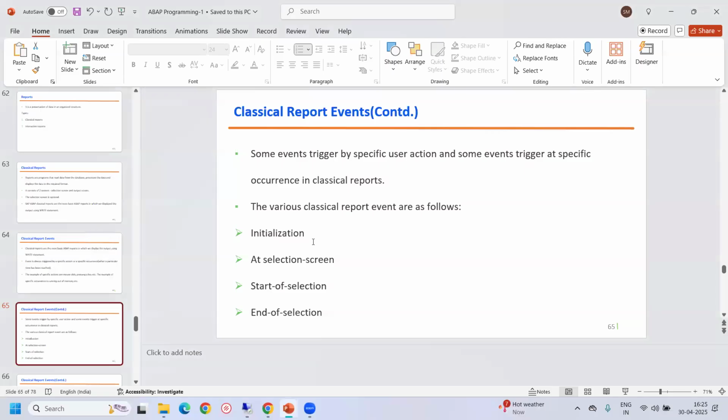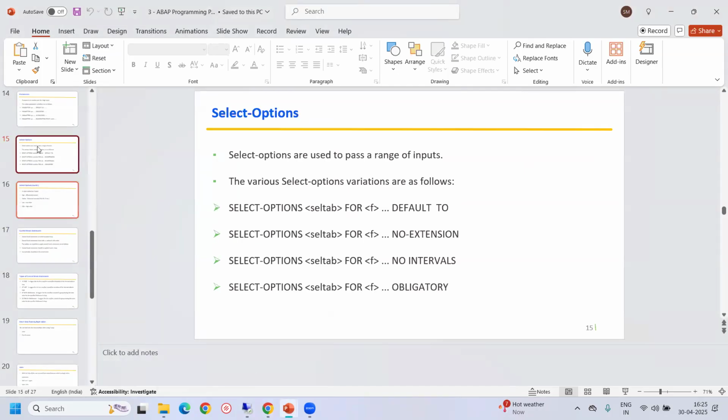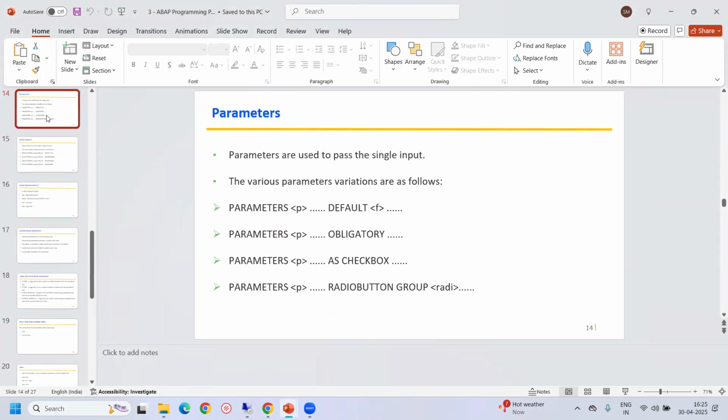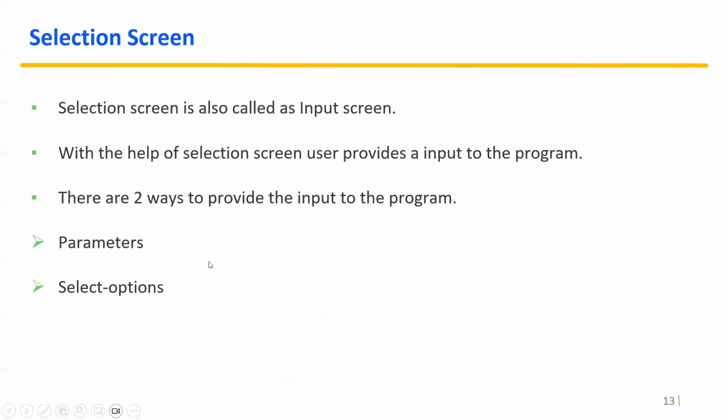So there are various classical report events. First we'll see initialization. Before initialization, let's discuss one input. As we have discussed, in the selection screen we can create input in two ways using parameters and select options.